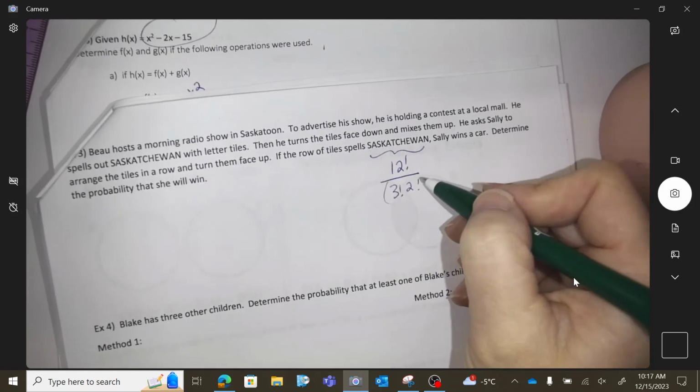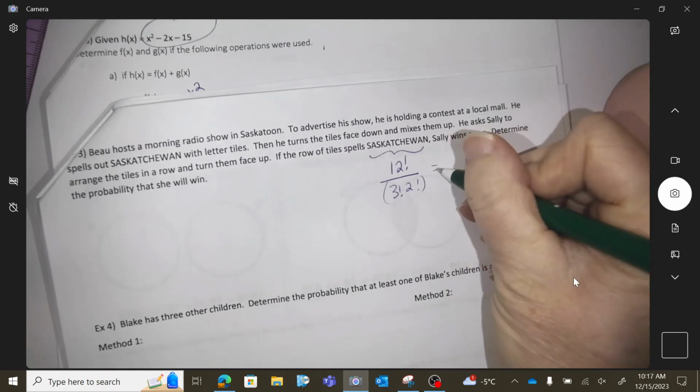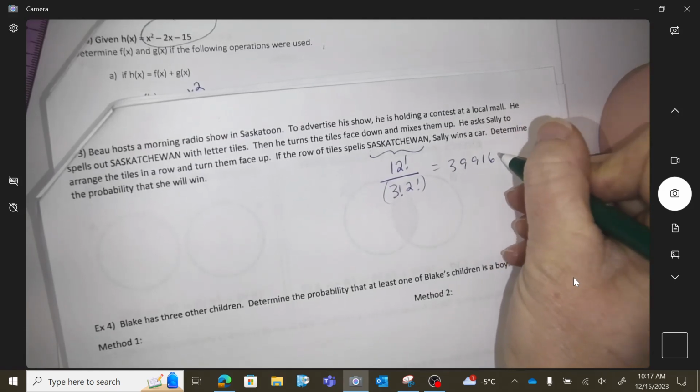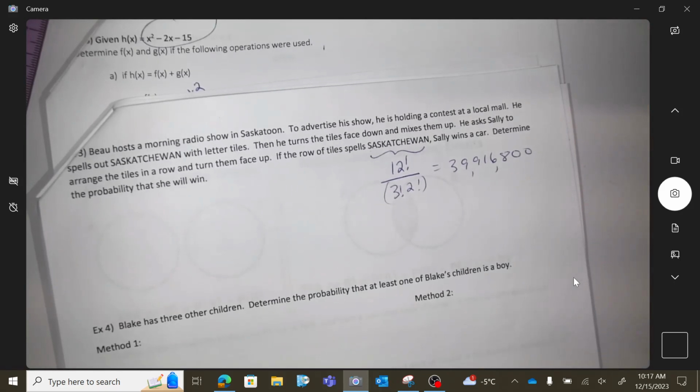Okay, so remember when you do that division, you should put brackets in that situation, right? Okay, so that's how many arrangements there are.